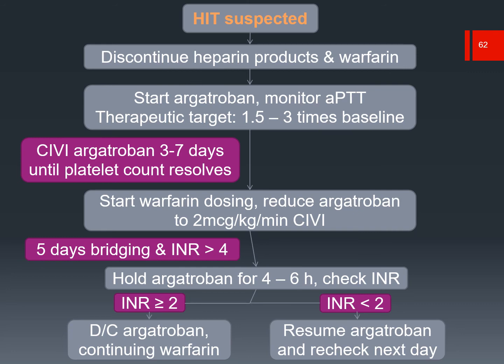We would want to continue this co-administration of both warfarin and argatroban for at least 5 days, and we're targeting an INR range above 4. Recall that argatroban can elevate PTT or PT, which will then elevate our INR, in which case we're expecting it to be higher than what it would be with just the warfarin alone.